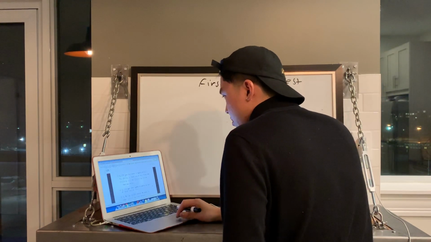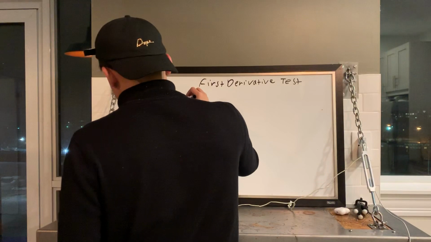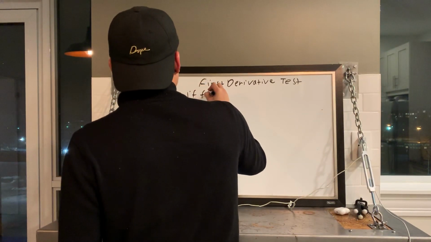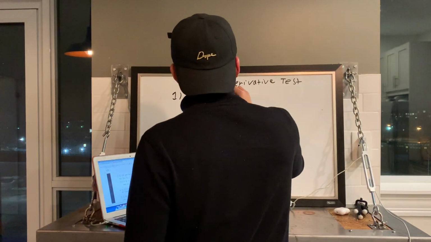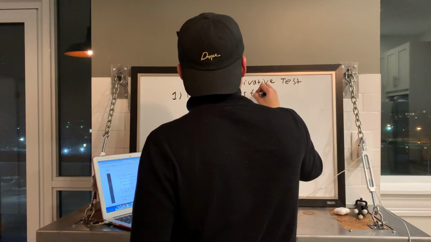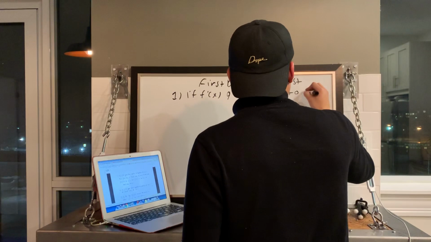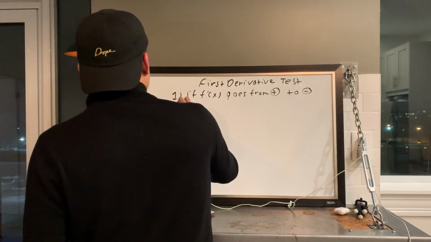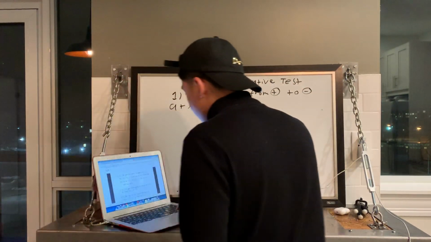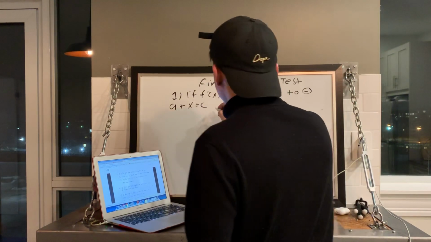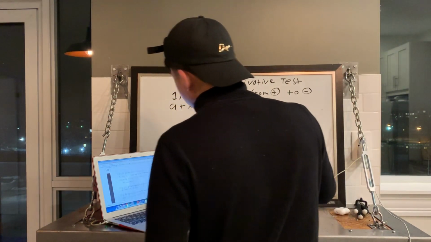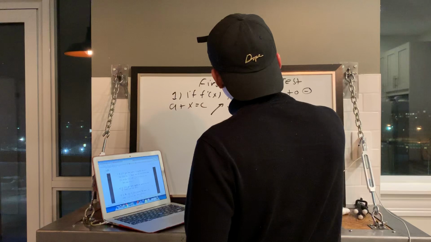Then, one, if f prime of x goes from positive to negative at x equals c, positive, negative, there must be a local max.